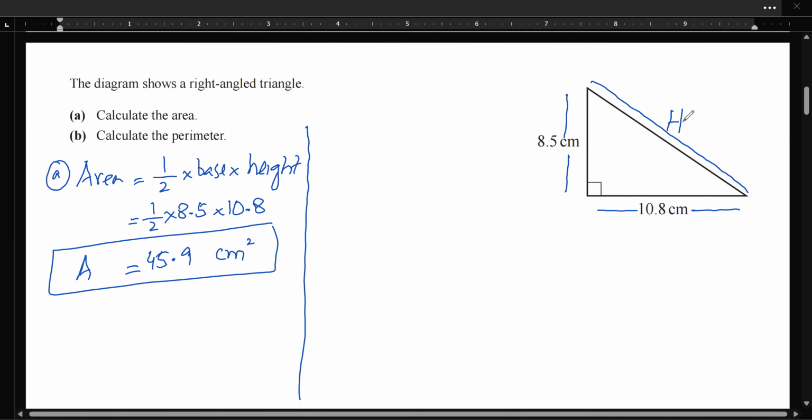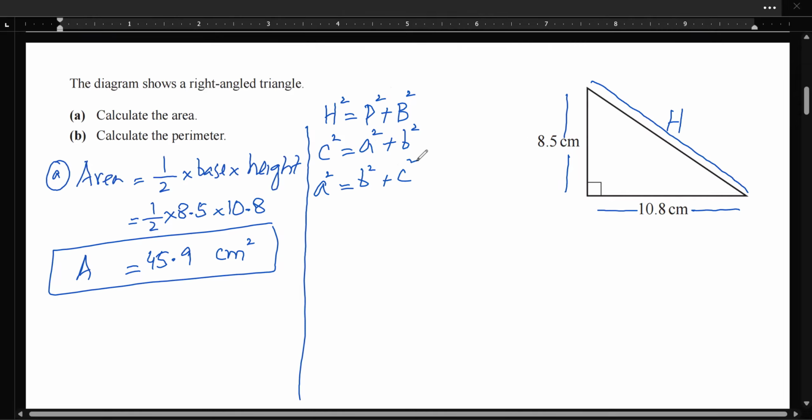For this, to calculate the hypotenuse, we use the Pythagoras theorem, which different people narrate in different ways. Some people write it in this way, and some people write it in this way. So it doesn't make any difference how you write this theorem.